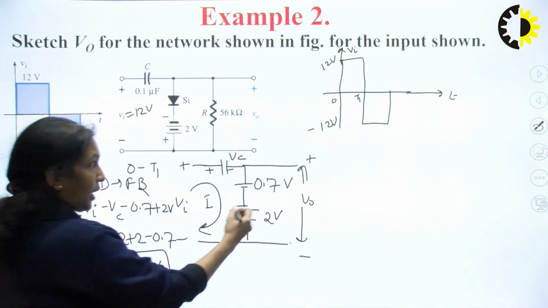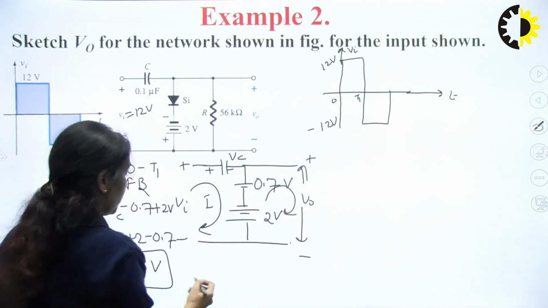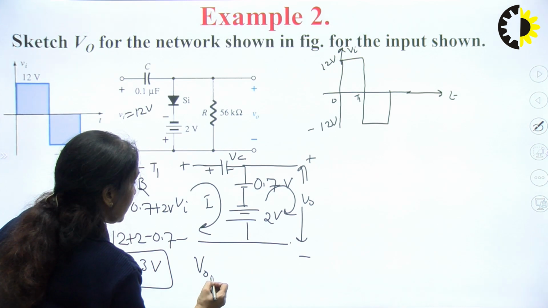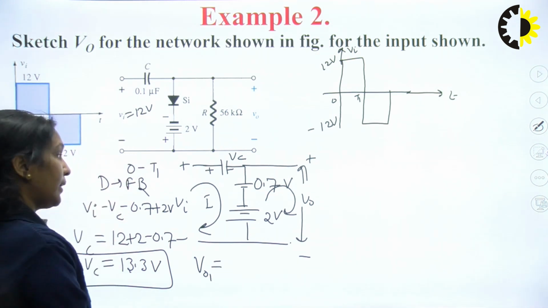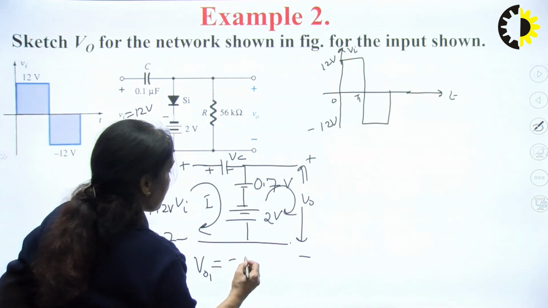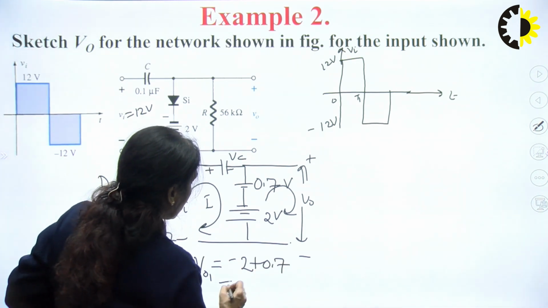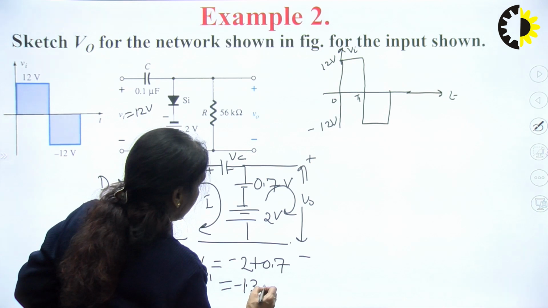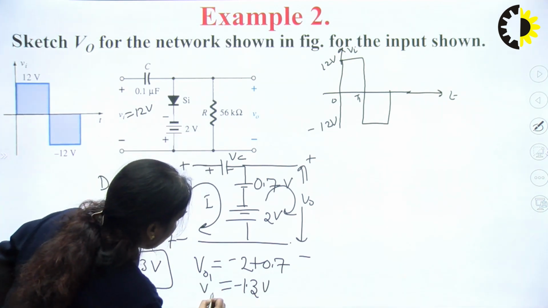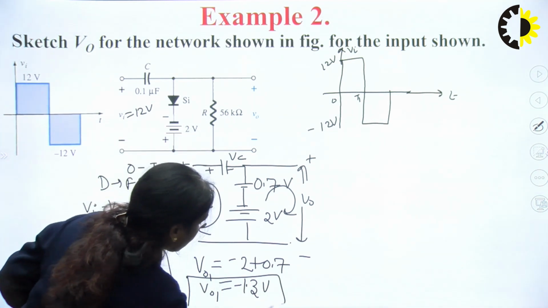Also, at the same time, you will get some output voltage, that is V01, and that is minus of 2 plus 0.7. So, this comes out minus 1.3 volts. So, V01 is equal to minus 1.3 volts.